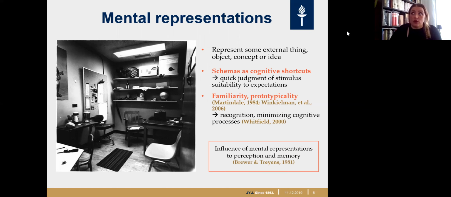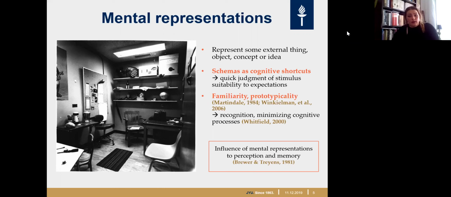Then there's mental contents, that are the mentally represented information contents of mental representations. And for example, mental maps, that are our representations of spatial information. So these are like the very basic concepts related to mental representation and how these affect information processing fluency.